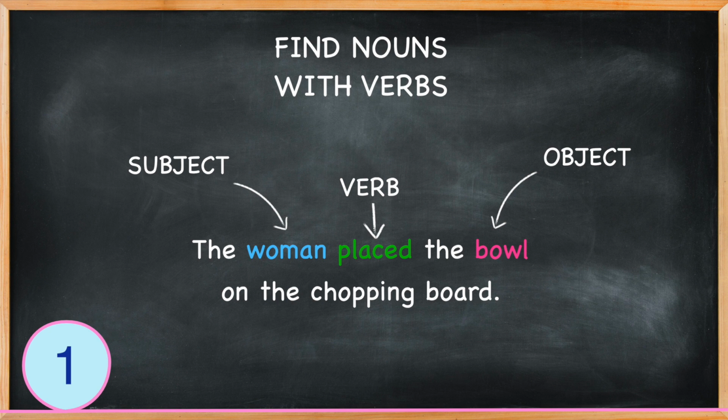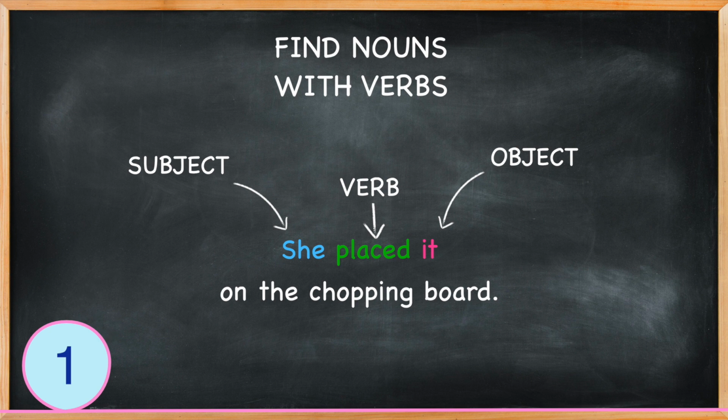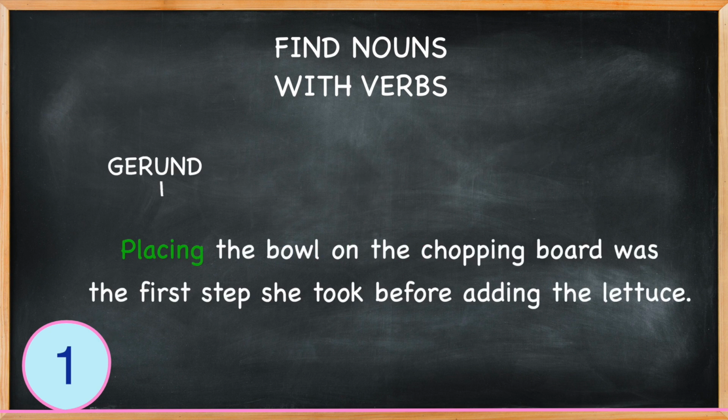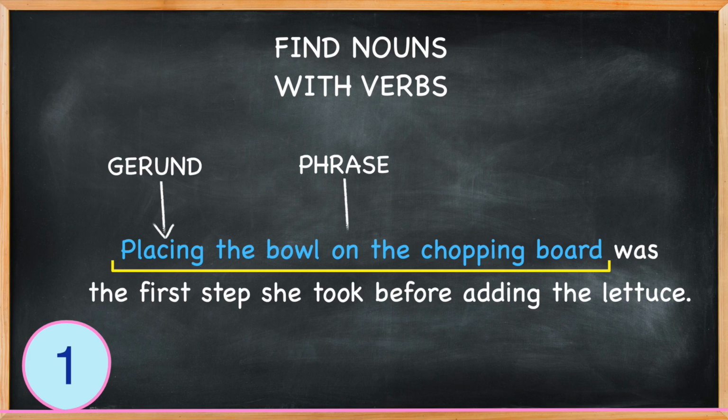If you can't find a noun as a subject or object of a verb, they might have been replaced by a pronoun, which are used to stand in for a noun already mentioned, or they might be gerunds, which is when a verb behaves like a noun, or even a whole phrase that might be doing the job of the noun.